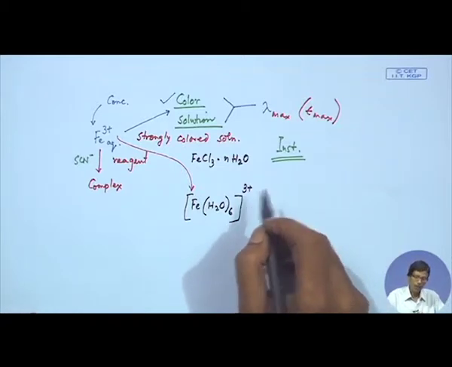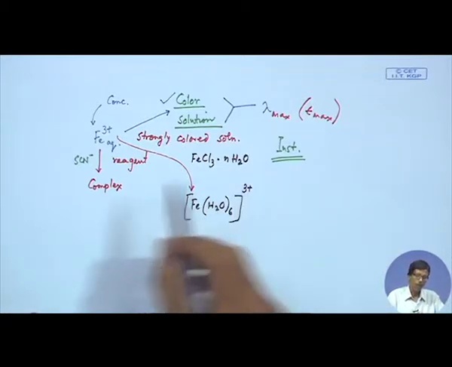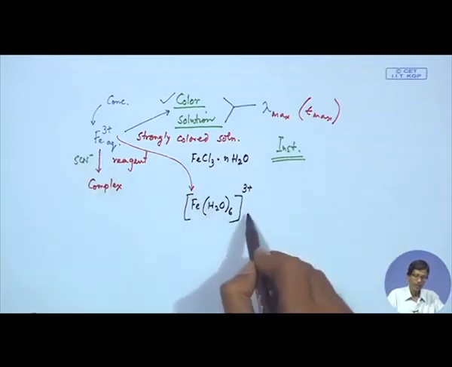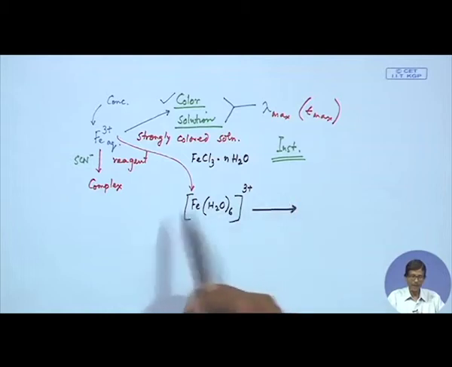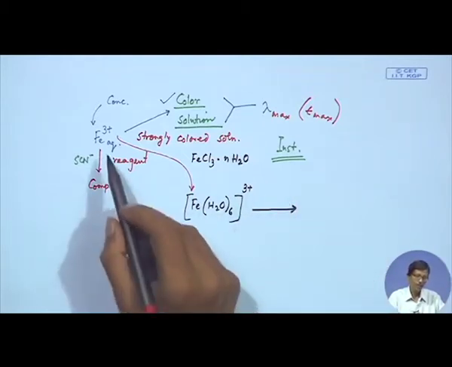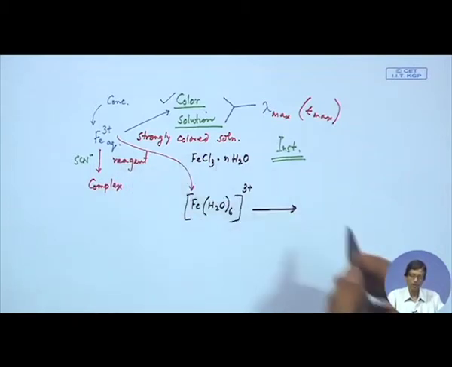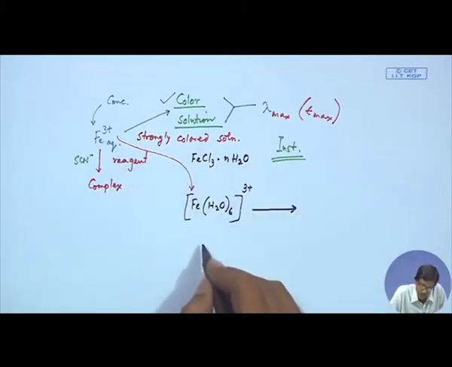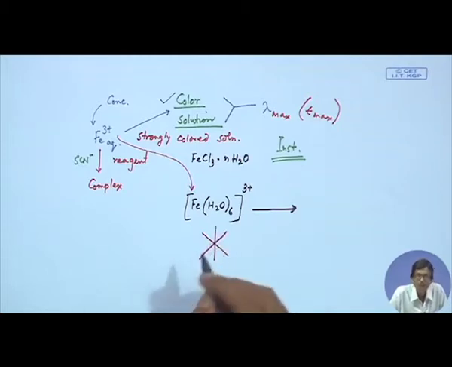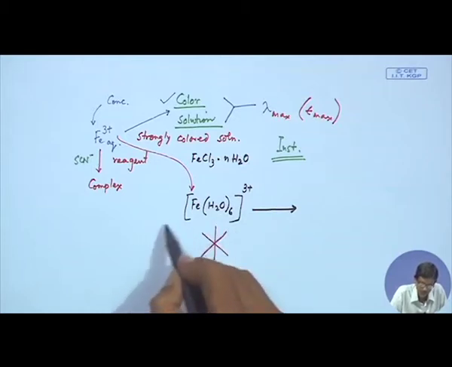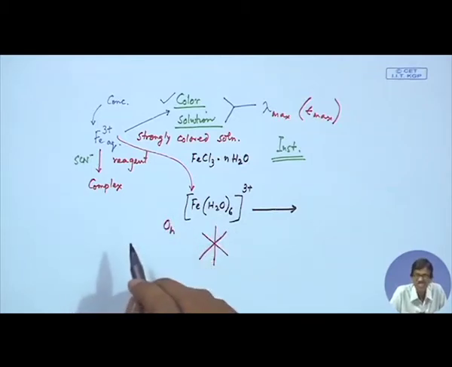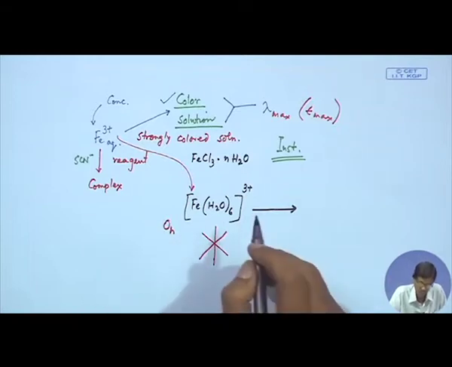When the hexa-aqua Fe3 ion reacts with thiocyanate, though different books write it as only FeSCN2 plus, is it only FeSCN2 plus? It is not. From the structure of the molecule itself, you have all 6 positions, that means it is an octahedral species forming in our solution.